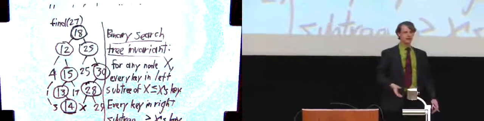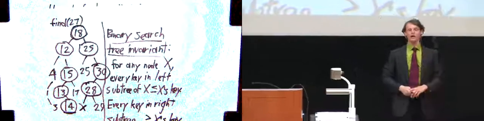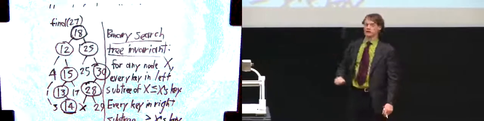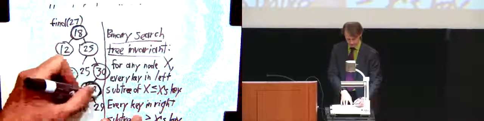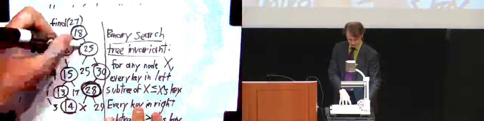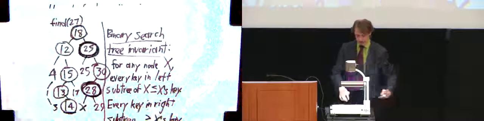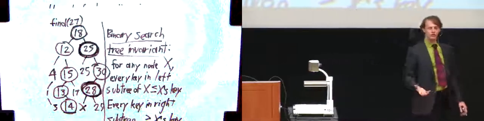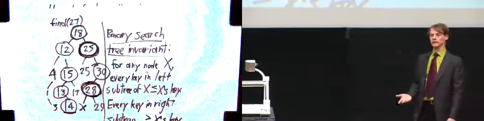And so the search for 27 has failed to find 27. But if you look at all the nodes we encountered on the way down, the smallest number greater than 27 is right here, and the biggest number less than 27 is right here. So we did encounter both of them along the way.